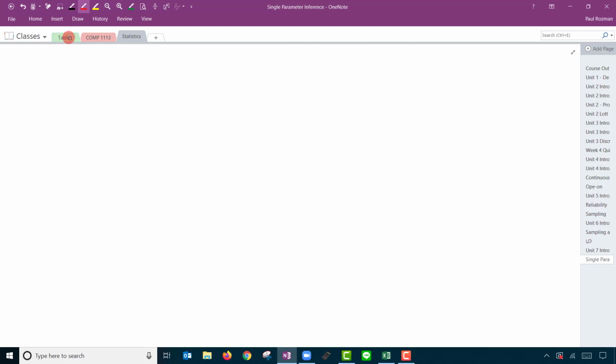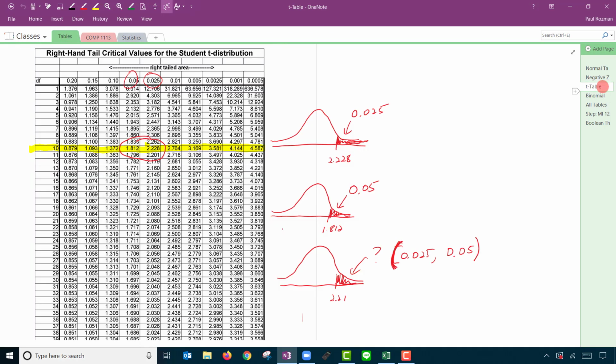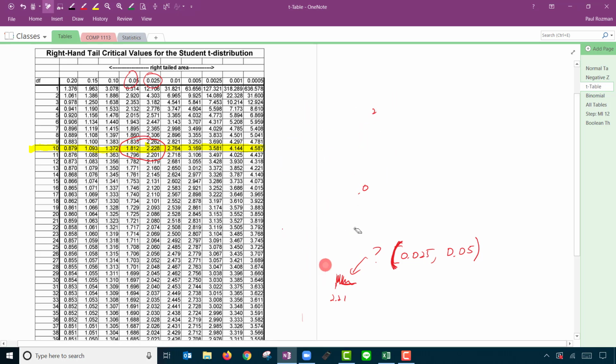If I go to my t-table, get rid of all this junk, maybe. In our problem that we're doing right now, we have a degrees of freedom of n minus 1.